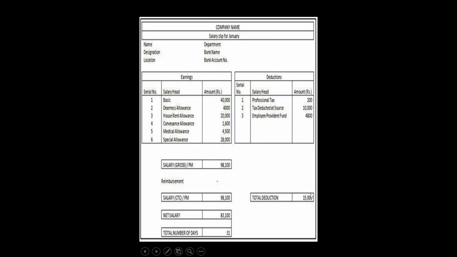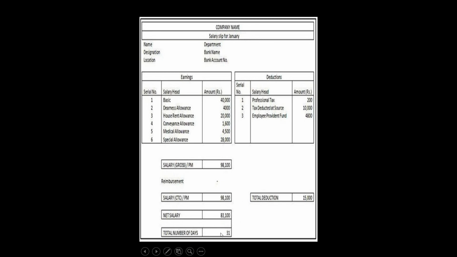So there's my total deductions, 15,000 Rand. When I take my gross salary and subtract the total of the deductions, I end up with my net salary. Many times you'll hear people ask, what do you actually get out? And they'll tell you, my net salary is, let's say, 5,000 Rand. That means after everything has been deducted, tax, UIF, all these things, what you're getting in your pocket will be this figure over here.